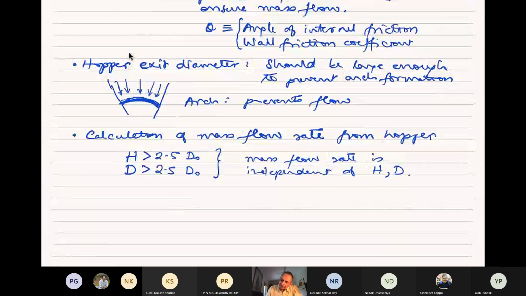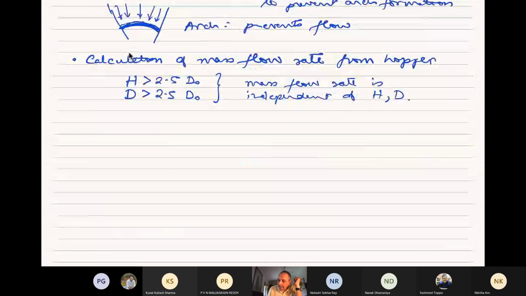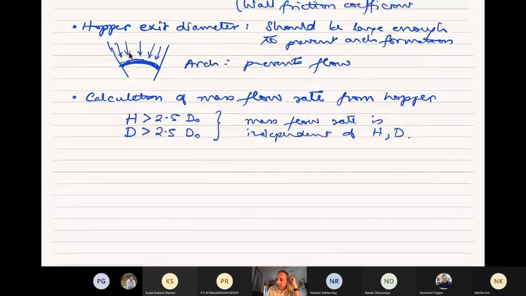So in fact, what it turns out is that in most practical situations, where these things are always satisfied, what I wrote down, just the size of the orifice determines what will be the mass flow rate. And that I'll do in the next class, which is just an empirical expression for the mass flow rate.